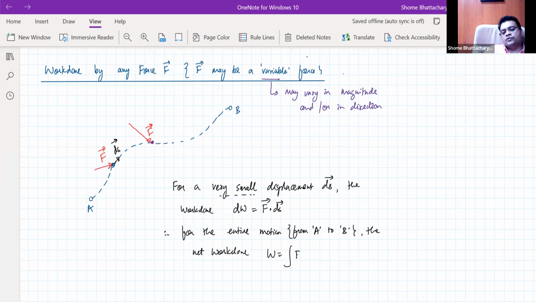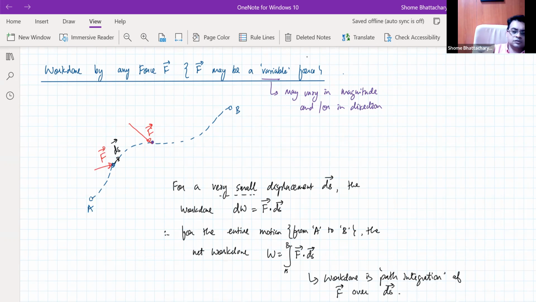The integration of F dot ds from A to B. So by this definition, we say that work done is the path integration of force over s or displacement. So this we can now say is a general definition of work done.